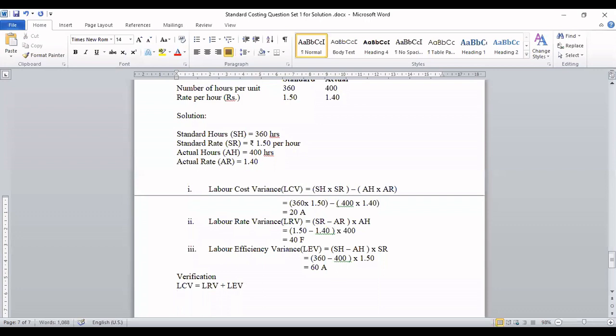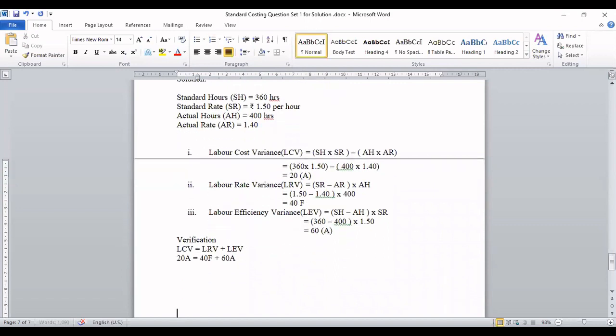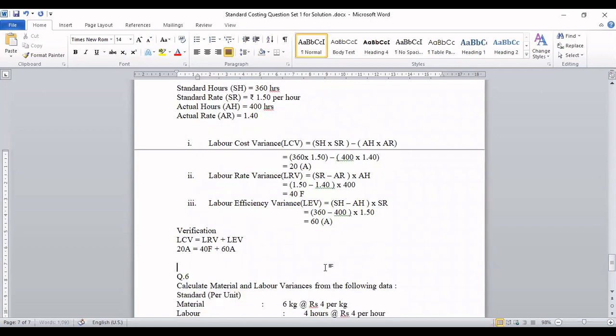So come on, tell me: 20 adverse equals 40 favorable plus 60 adverse. That gives me the final answer. Right? Everyone completed? Yes, sir.